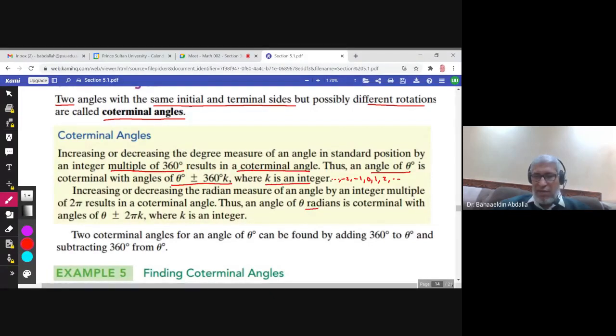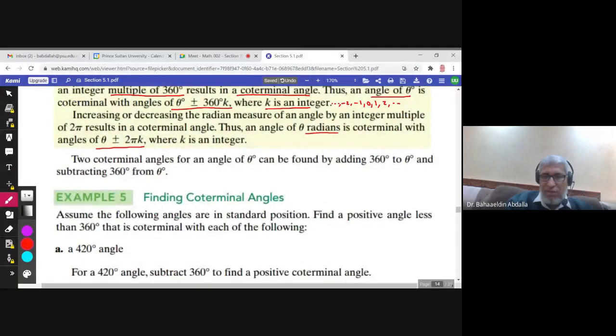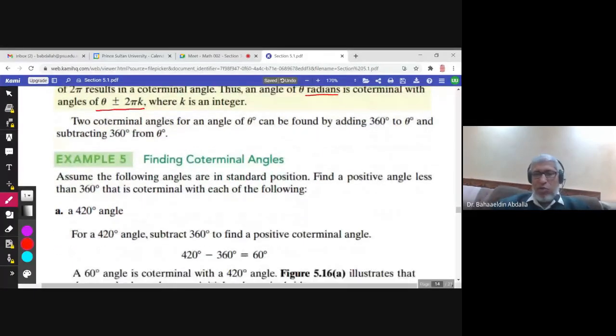In radians, you add 2 pi k. To theta, we add or subtract 2 pi k, where k is an integer. 2 pi equals 360 degrees. So two coterminal angles for an angle theta can be found by adding 360 to theta.